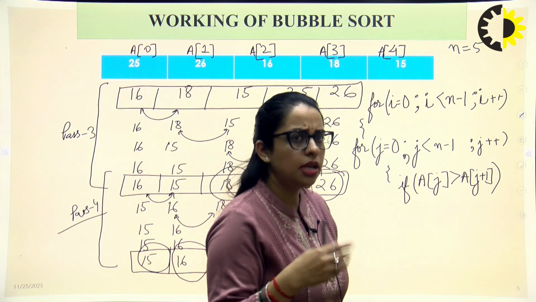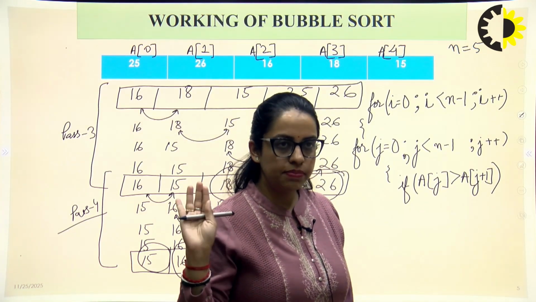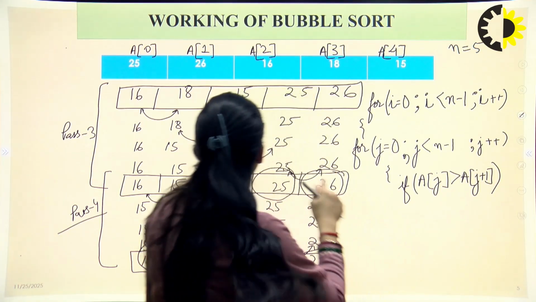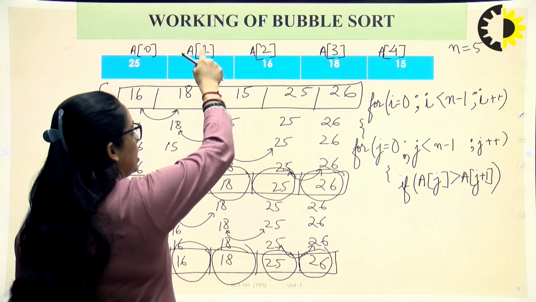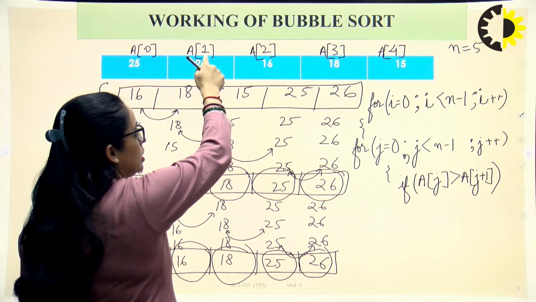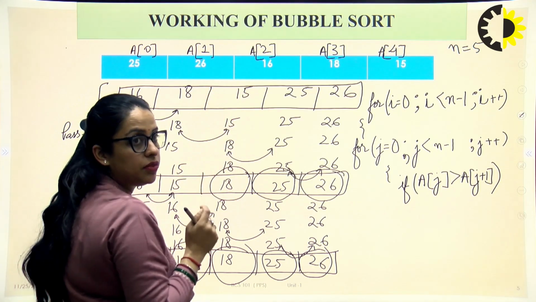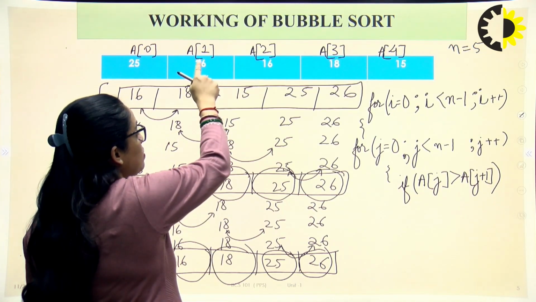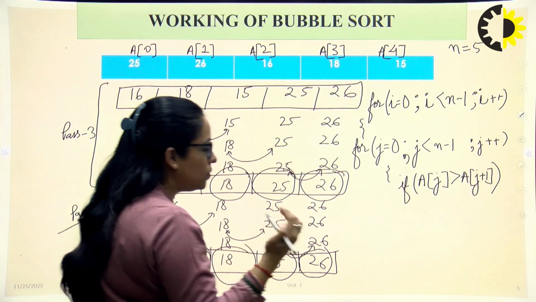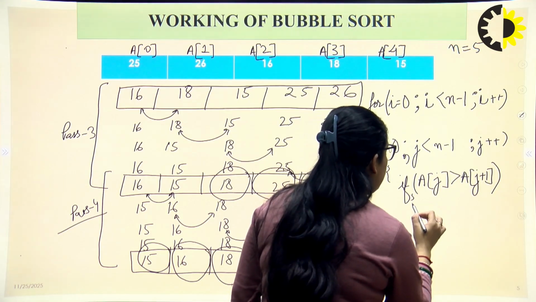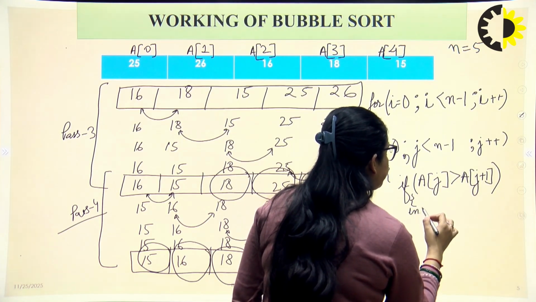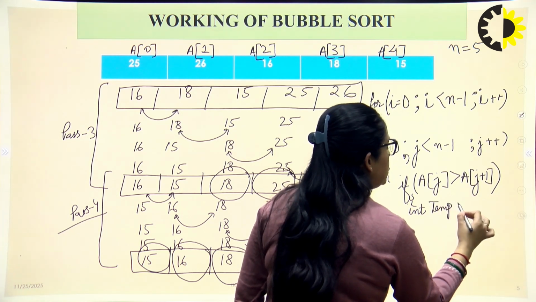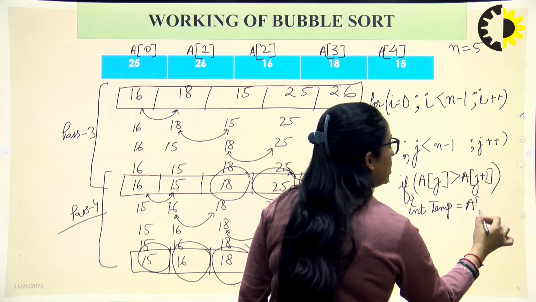Suppose not in this particular example, but in another example, for the value of j equal to 1, it will get compared with j plus 1, a2. So here a1 is greater than a2. Yes. So what will happen? We will take a variable temp. First we will swap, interchange.